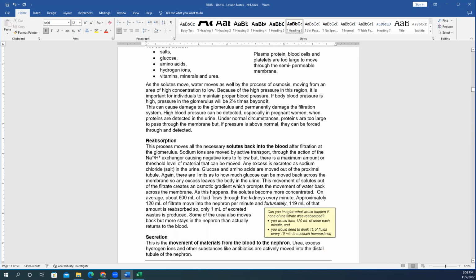So the next step after certain solutes have been taken up from the glomerulus into the Bowman's capsule is reabsorption. Reabsorption is the process that moves all of those necessary solutes back into the blood after filtration at the glomerulus. Sodium ions get moved back by active transport through the action of this sodium proton exchanger.